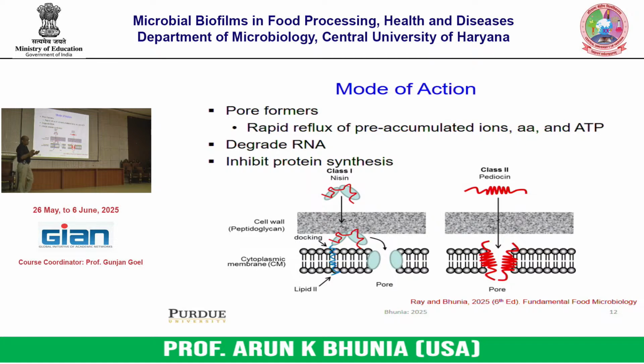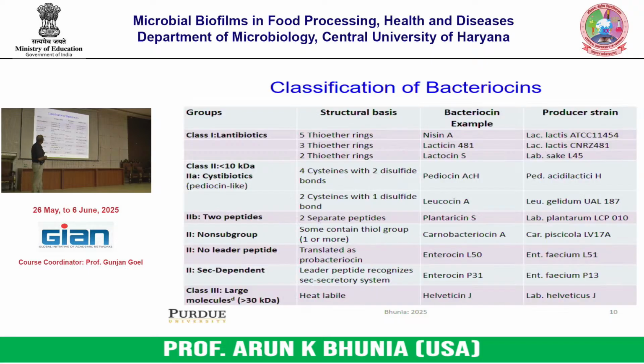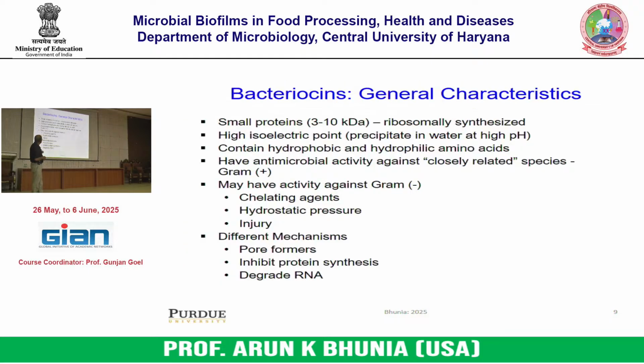When the pore formation happens, the bacteria eventually lose their intracellular molecules, eventually lyse, or die. But in gram negative, because of the outer membrane, you have a barrier, right? The bacteriocin cannot get into the cytoplasmic membrane. So if you destabilize the outer membrane in the gram negative organism, the bacteriocin can penetrate and cause damage, so that you can have some limited death or limited inactivation of microorganisms. Very clear?